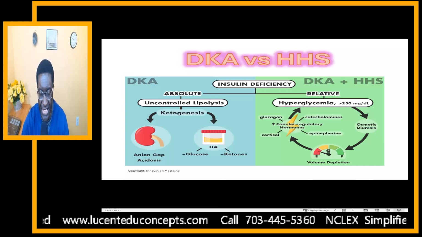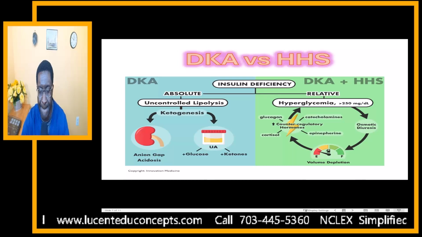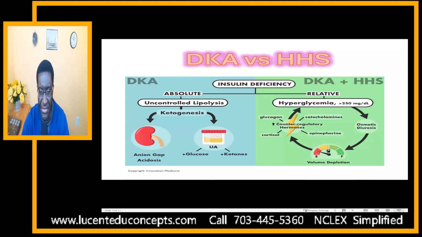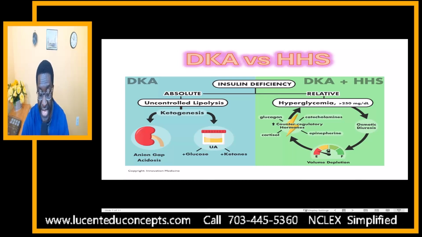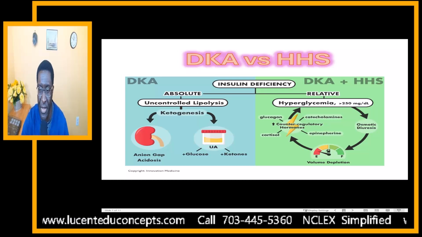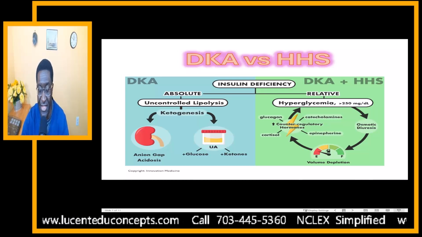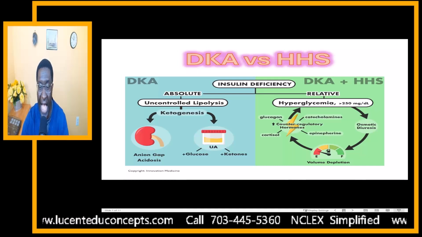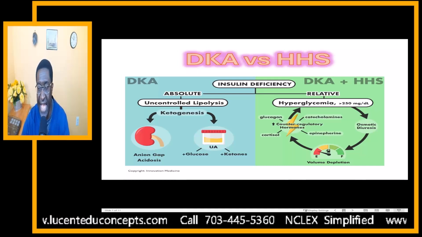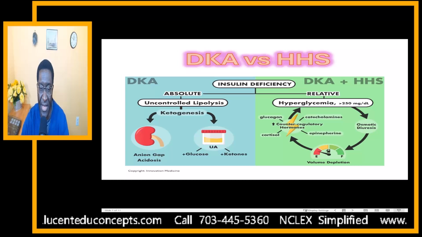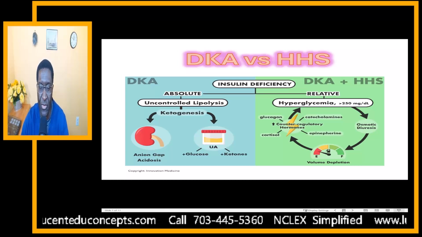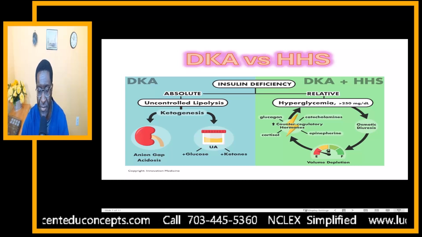In the case of DKA, it affects mostly patients who have type 1 diabetes. Obviously, they are not producing any insulin at all. So we are saying that there is no insulin production, absolute. And in the case of HHS, the pancreas produces some amount of insulin, so relative.